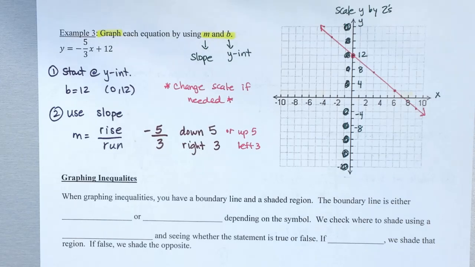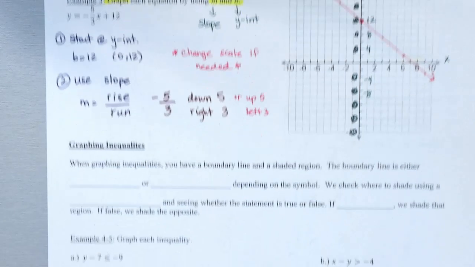All right, and then the last thing we're going to do today is graph inequalities. Do you guys remember anything about graphing inequalities? Right, an inequality is going to have either a greater than or equal to symbol or a less than or equal to, greater than or less than.